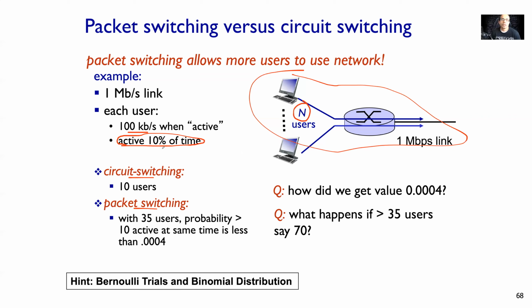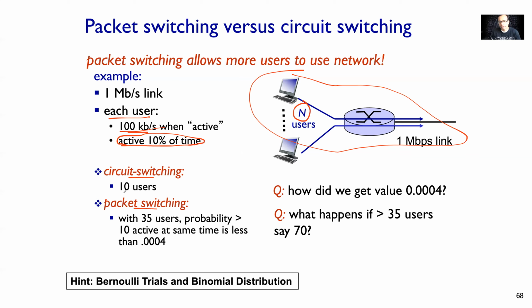So what that means is, if you're using circuit switching, for each user you have to set up a circuit, and that circuit has to reserve 100 kilobits. It doesn't matter if the user is active at this time instant or not, because the user is always online. They may just not be actively sending data, right?